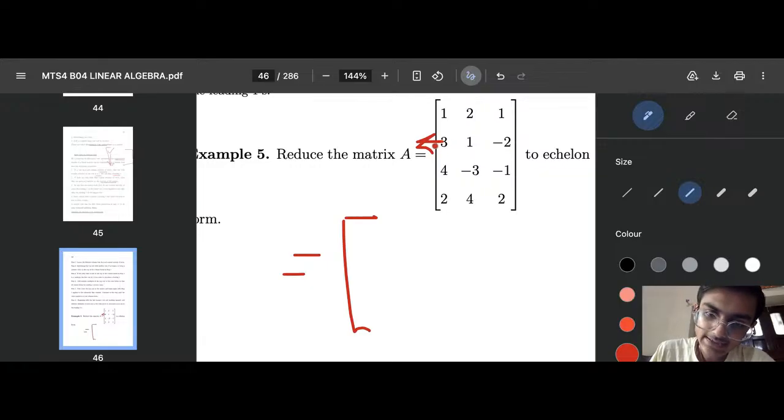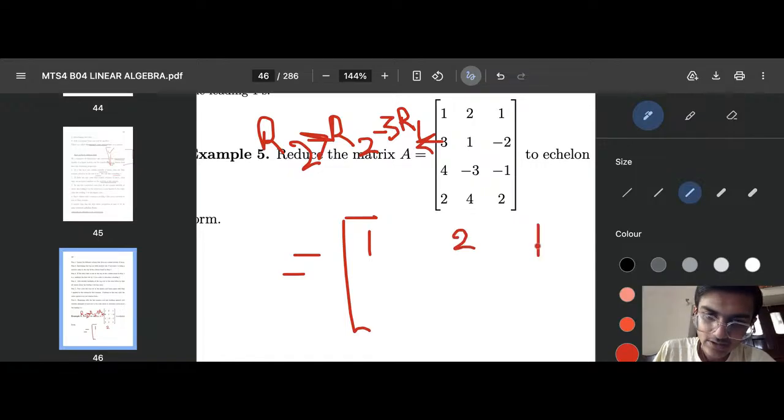Suppose we are taking this R2 and performing the operation: R2 goes to R2 minus 3 times R1. Suppose we have this R1, this is constant, and we are using this 0, 1, minus 6, minus 5, taking 3 times.